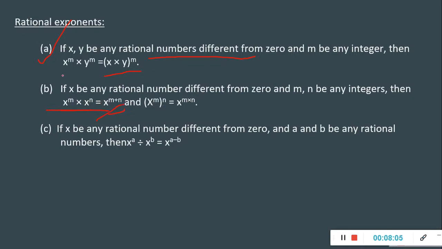Here the bases are different and the power is the same, so the bases get multiplied. Here (x power m) power n will become x power m into n. And when the bases are the same, the powers are different and there is a division sign between both values, then the powers get subtracted.